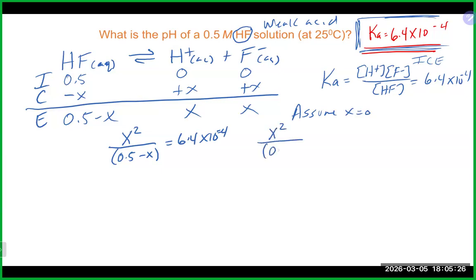It is just the x's you're going to subtract from a number or add. So we end up with something like this. We're going to multiply this to the other side, and then after I do that, I'm going to come back and take the square root of it. So I'm going to go 6.4 to the minus 4 times 0.5, and then I'm going to take the square root of it.